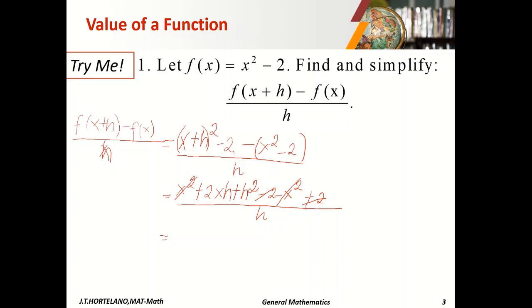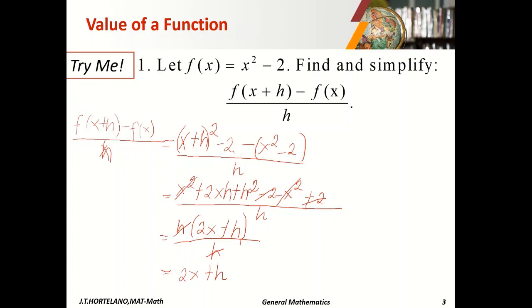Now, since we have h in the denominator, then the whole thing na nasa taas na yan can be factored. So we can write this as h times the quantity of 2x plus h all over h. Then cancelled. So we're left with 2x plus h.